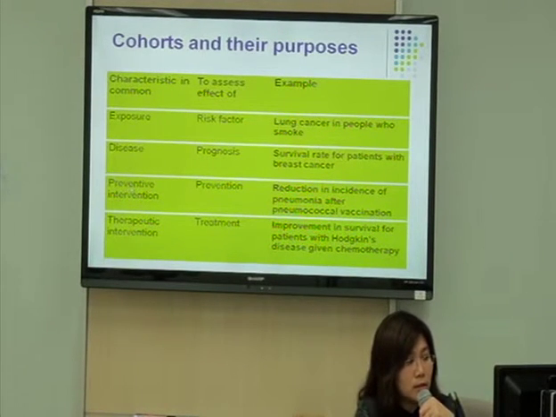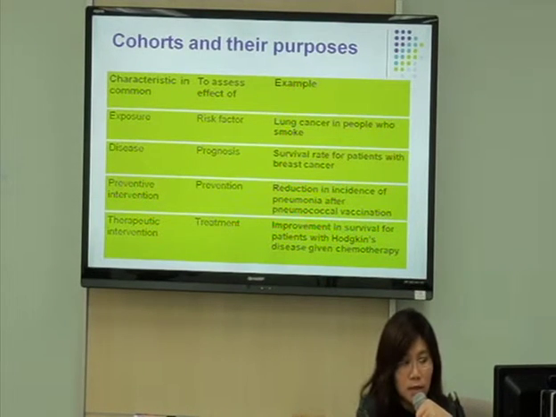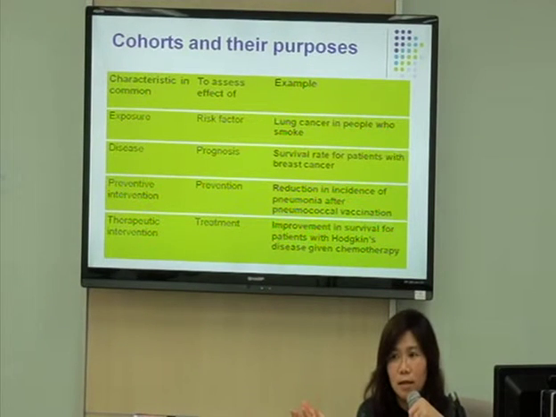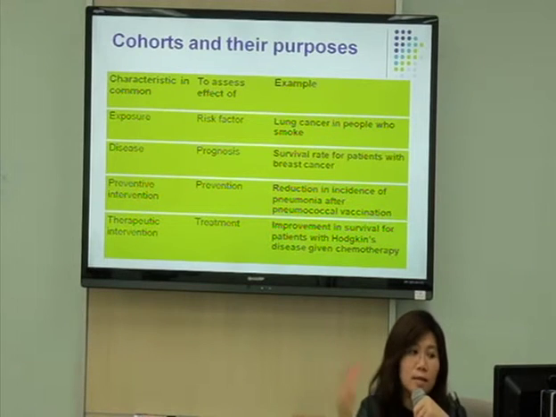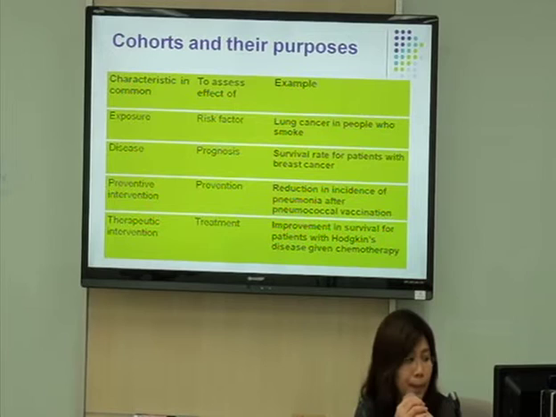Or you might be interested in a preventive intervention, like assessing prevention effects, such as the reduction in the incidence of pneumonia after pneumococcal vaccination. So this is the intervention, vaccination. And you look at who received vaccination and who did not, and then how many cases develop pneumonia after follow-up.